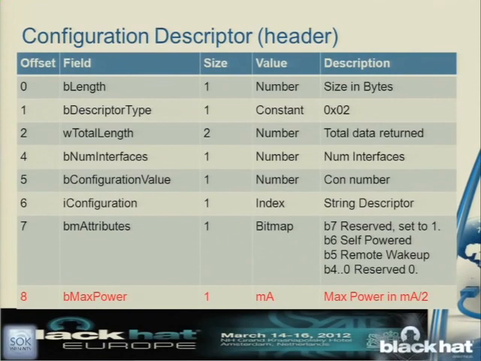Most of the time this stuff isn't used. The attributes will say things like, am I capable of being remotely woken up? Am I self-powered or am I bus-powered? Right? For our purposes, one thing you should be careful of is the last item, max power.